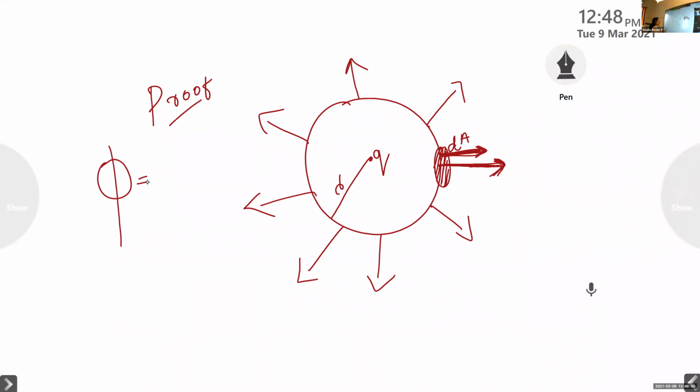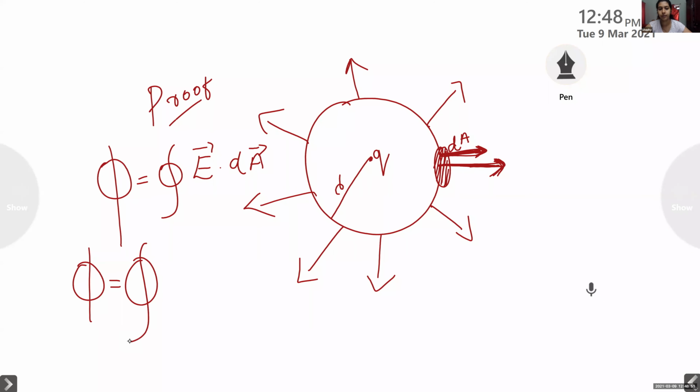Phi is equal to closed surface integral of E vector dot dA vector. We already studied that phi is equal to closed surface integral of E dot dA. What is the dot product of two vectors? Vector E dot vector dA is equal to?